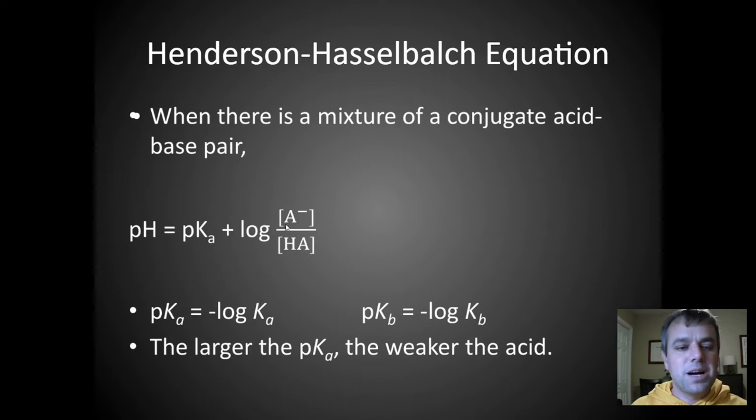The log of that is a positive number, so your pH goes higher. If you have more weak acid than conjugate base, then this fraction is less than 1. The log of a number that's less than 1 is a negative number, and so your pH would go down as you have more acid present. If you think about it, it makes sense. If you have more acid present, the pH goes down. If you have more base present, it goes up.